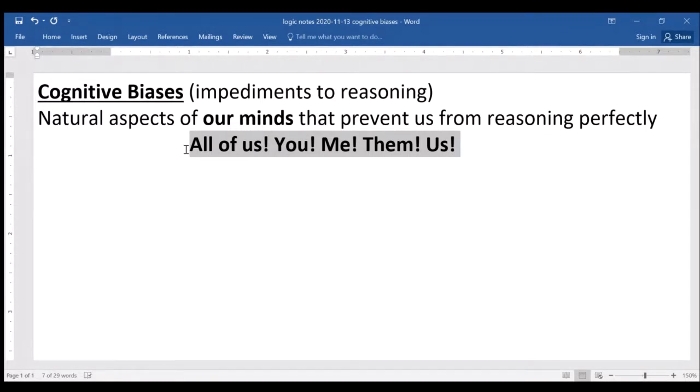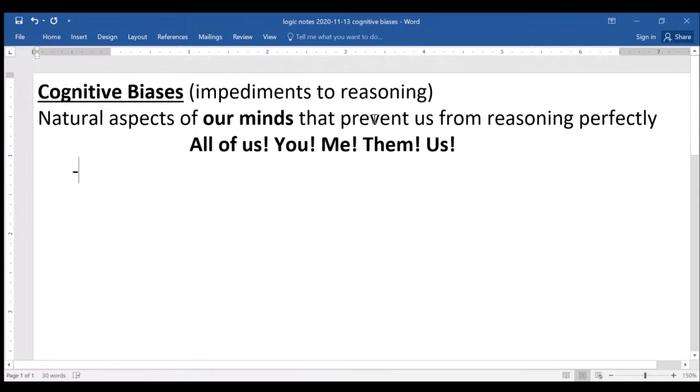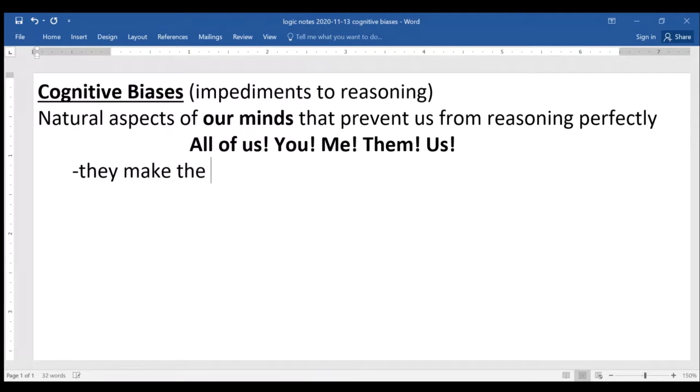We'll be talking about some specific instances in a minute, but essentially when we're saying these things prevent us from reasoning perfectly, we're saying that these sorts of parts of our minds are the sorts of things that make us misinterpret the world, or the information we get about the world.